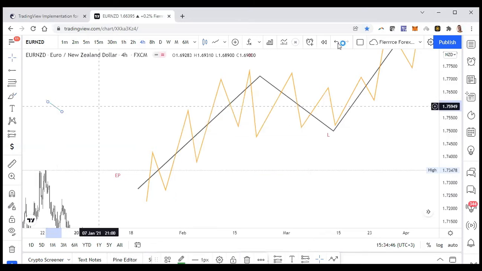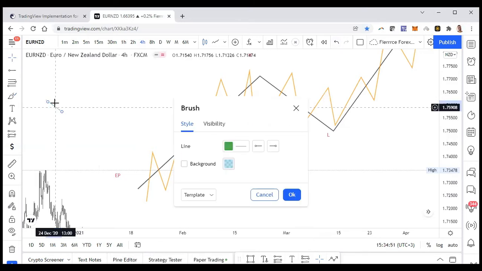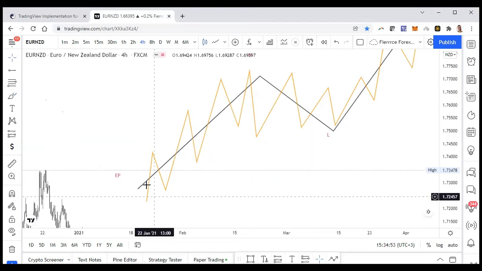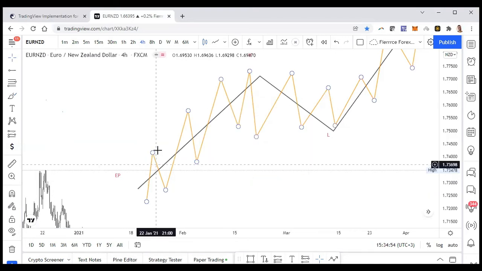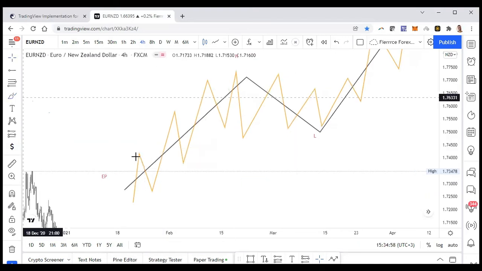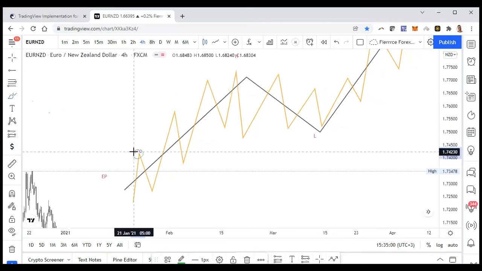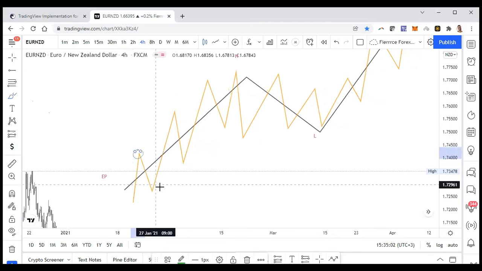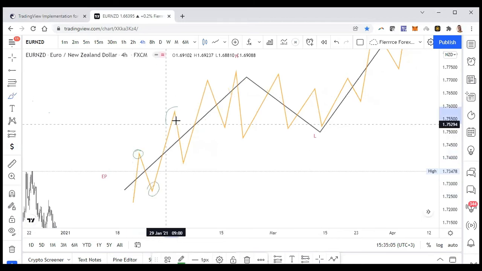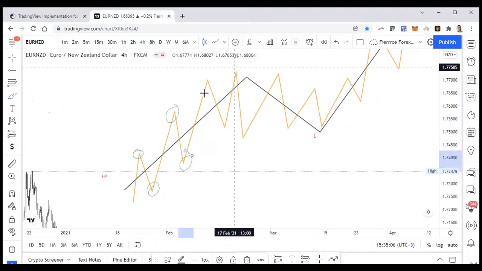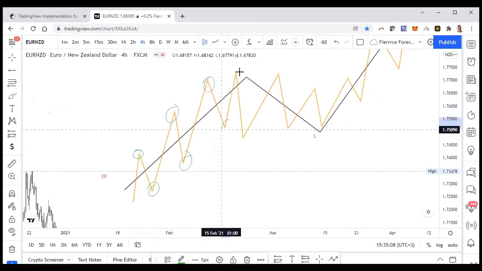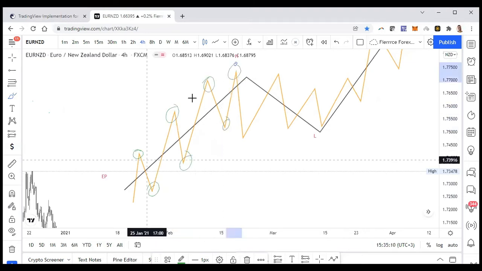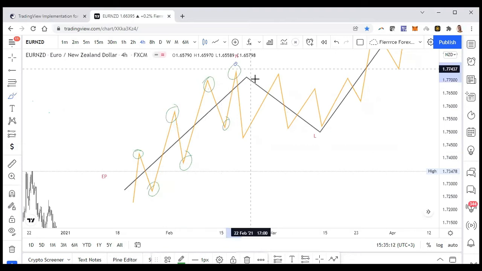Okay, so within this structure, what are we seeing? We are still buying, we are still in buy territory, and we are seeing some structure being formed within this uptrend.